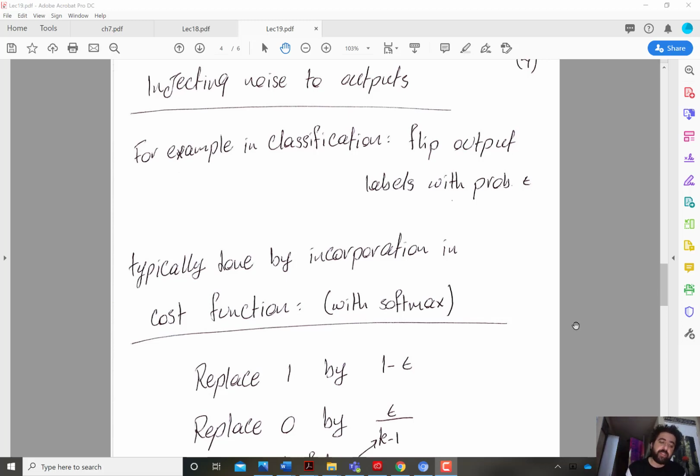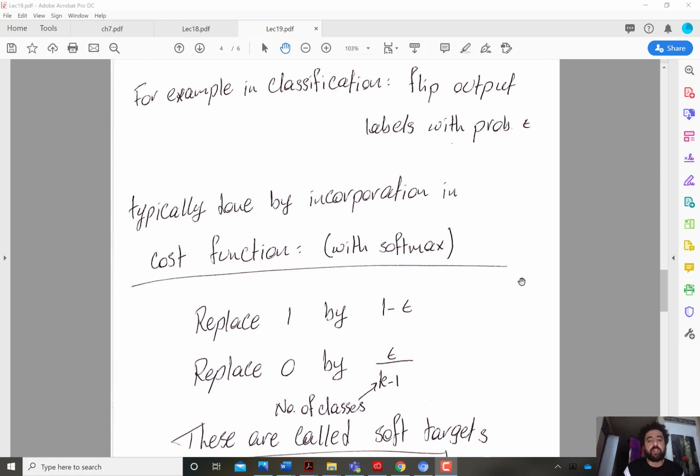Another way that's more systematic and really reflects the concept of maximum likelihood estimation is to change the softmax units into what's called soft targets. When we discussed softmax combined with cross entropy, you compute e to the z_i over the sum of e to the z_j over all j's, where i is the label given to me in training.